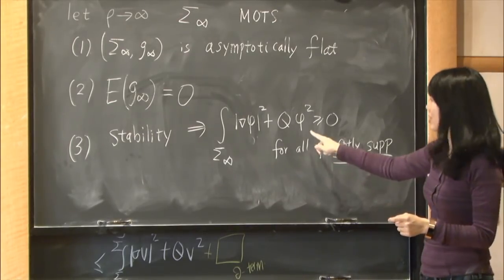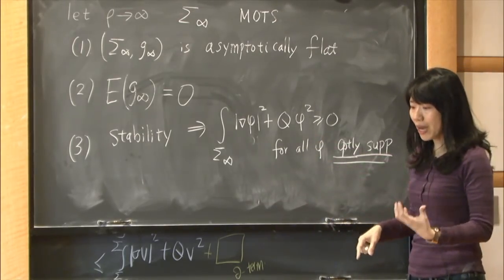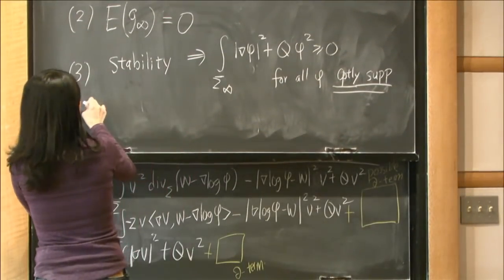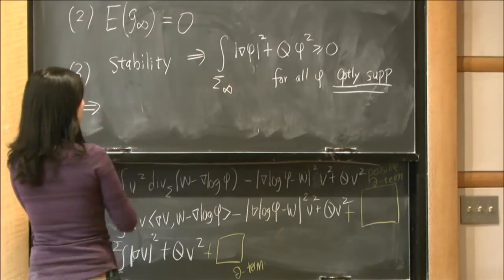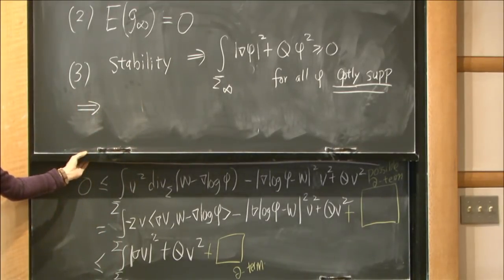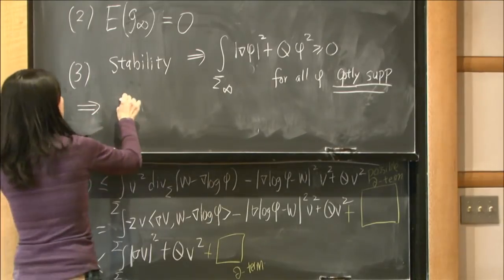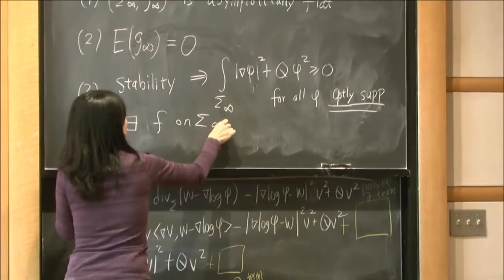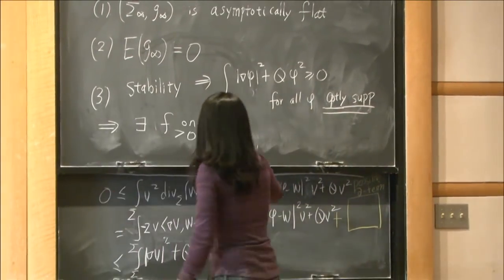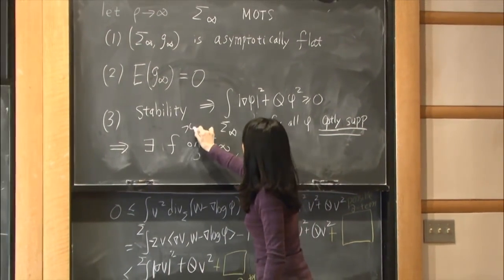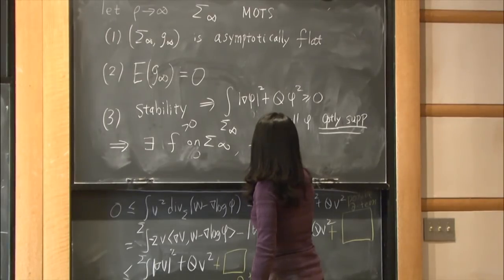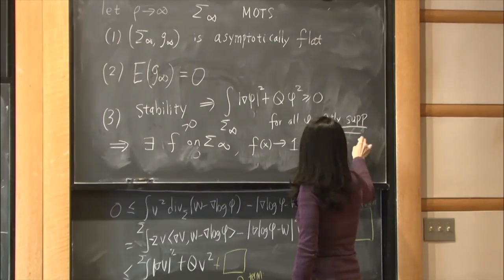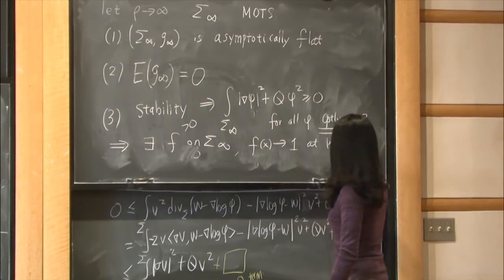In a very similar fashion, it tells you the property of the conformal Laplacian. So that will imply you can solve the equation for the conformal Laplacian. That means you can conformally change it. So there exists a function f on sigma which is positive, and it goes to 1 at infinity.